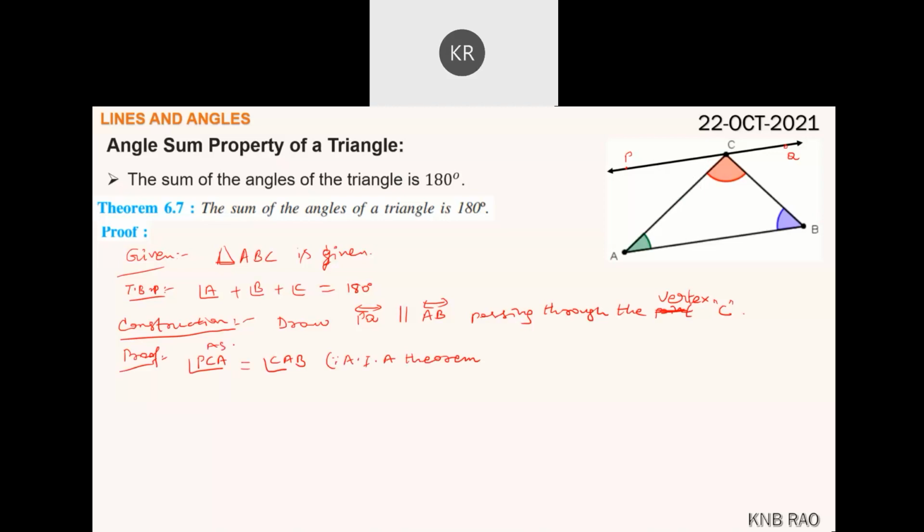As: line AC acts as the transversal drawn between the two parallel lines PQ and AB.